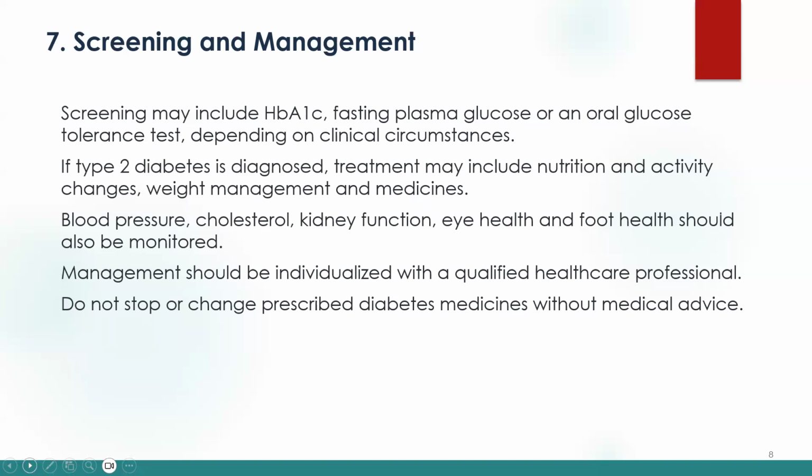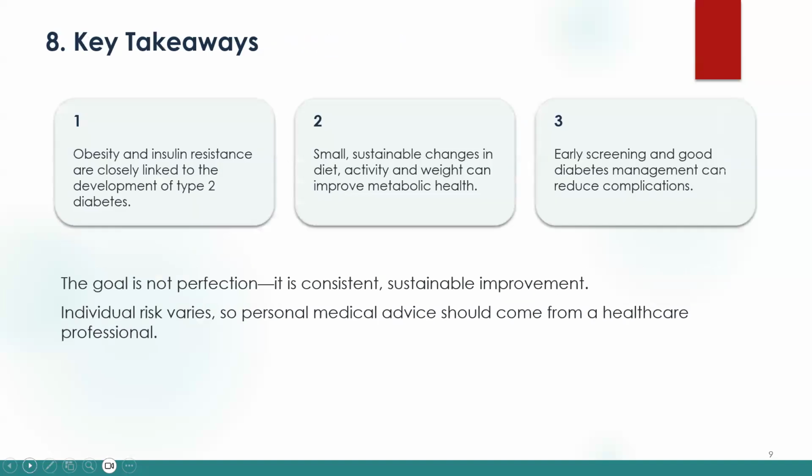So, if we summarize this total discussion, first point, obesity and insulin resistance are strongly associated with type 2 diabetes. Second point, obesity is an important but modifiable risk factor for diabetes. That means we can modify that obesity.